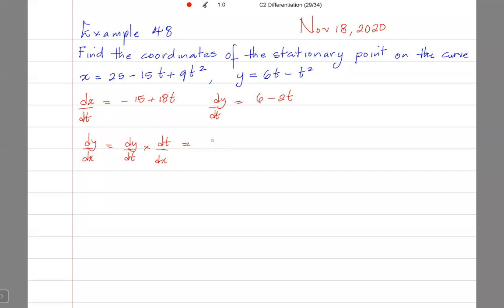And so that would be equal to 6 minus 2t over minus 15 plus 18t. All right, so that is what dy by dx is equal to.